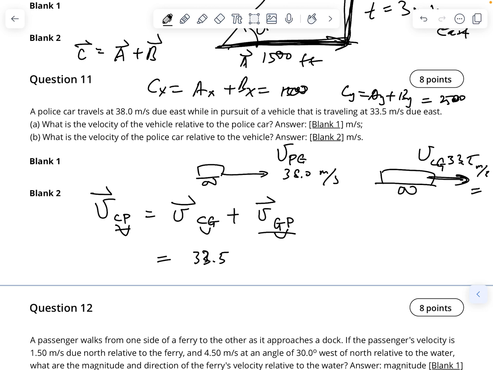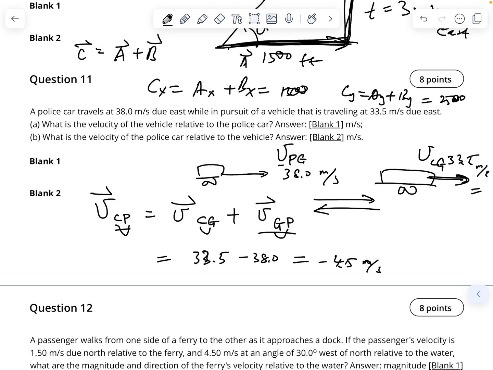This is police to ground, so ground to police is just the opposite of that. Opposite means minus 30.0. So your speed is negative, this one is positive 3.5 meters per second.